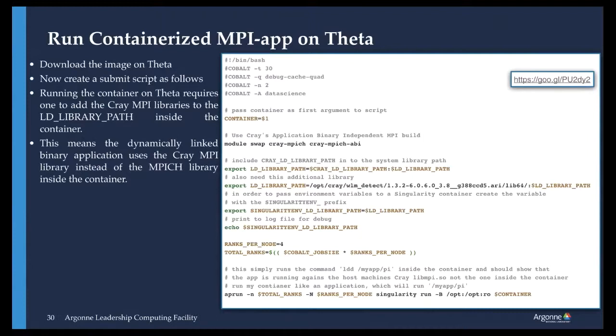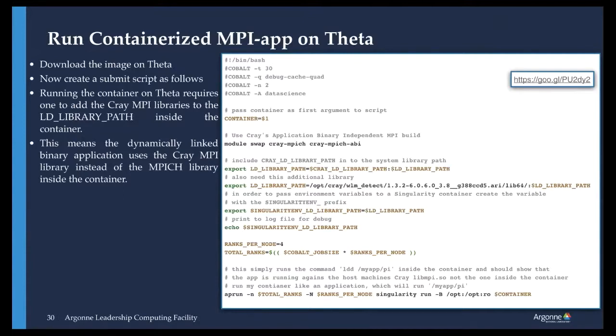So now the trick is running, in this case, running the MPI application on Theta. You want to first swap out, so this is our qsub submission script. I'm going to assume that everybody's loosely familiar with submitting jobs on Theta. This is an example submission script.